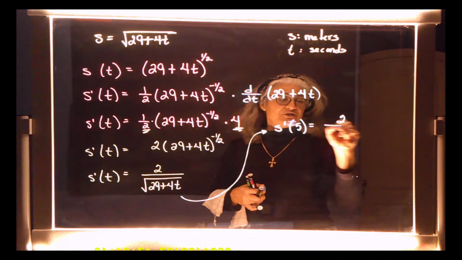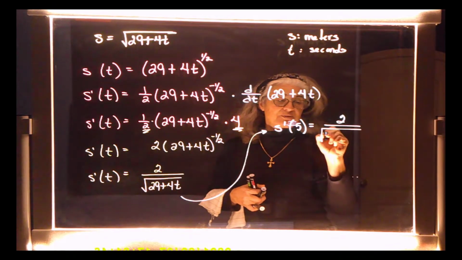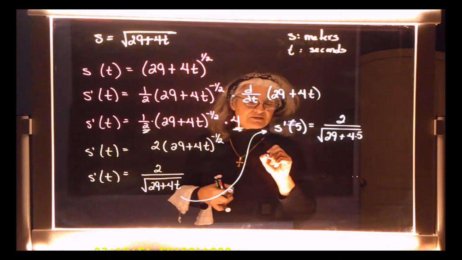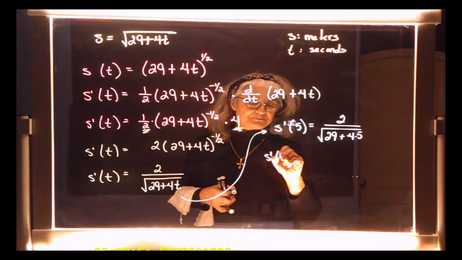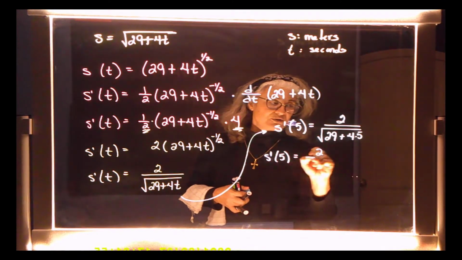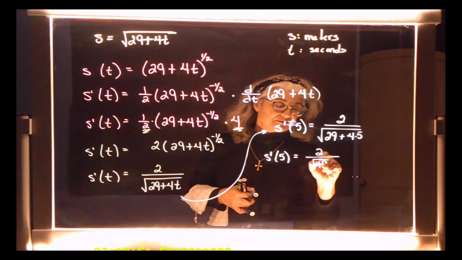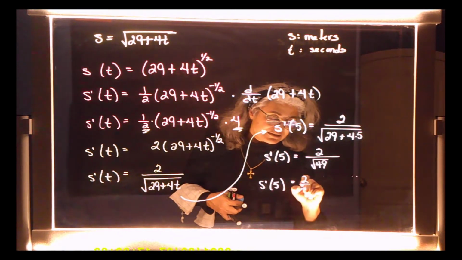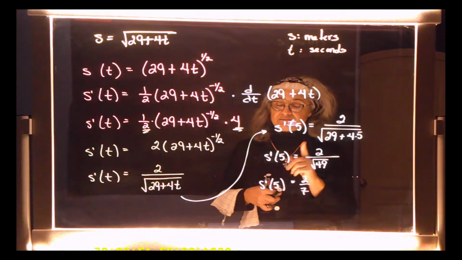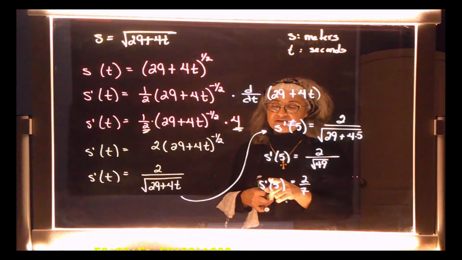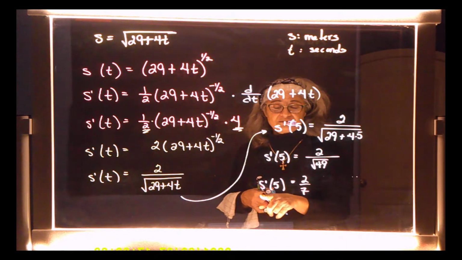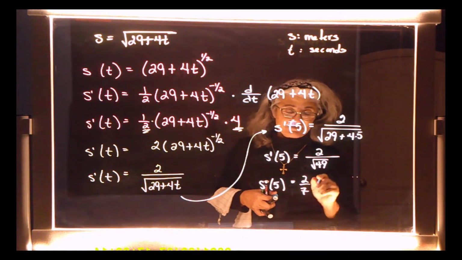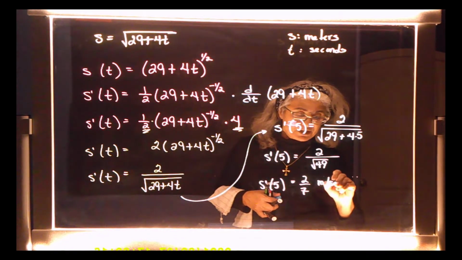And so we're going to have 2 over the square root of 29 plus 4 times 5. So what are we going to get in that denominator? Yeah, we're going to get 2 over the square root of 49, aren't we? Which is just 2/7. So, the rate of change of the particle's position at the 5-second mark is 2/7 meters per second.